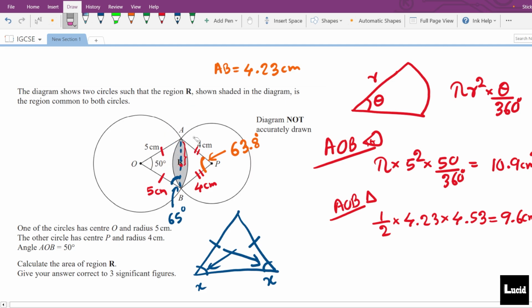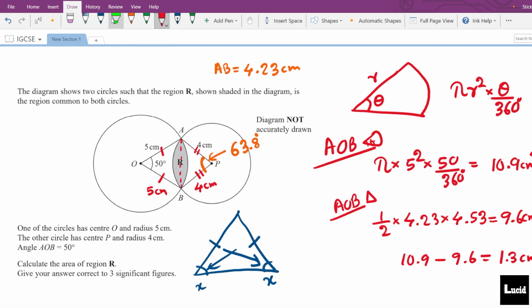When I subtract 9.6 from 10.9, it gives 1.3, and this 1.3 corresponds to this region. Hope that it's clear. This part is 1.3 centimeters squared.